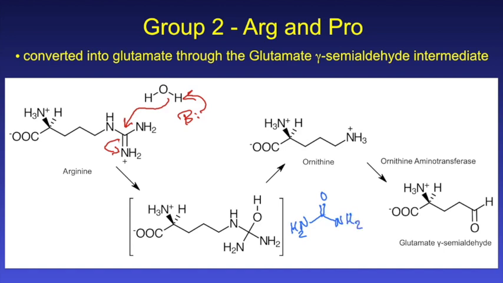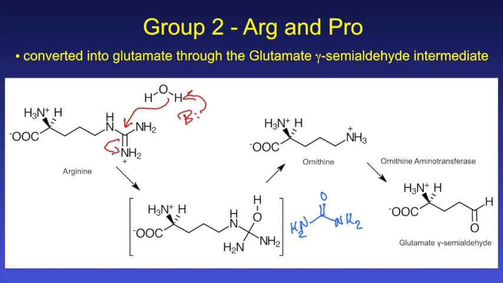What is the name of that structure? It is an amine, but specifically. You told me it was not yellow last lecture. It's urea.